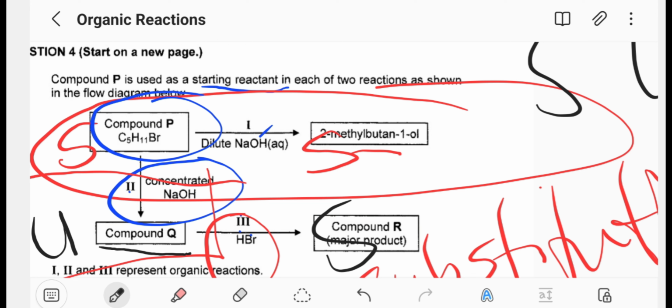Compound R, you don't know whether compound R is saturated or not. So there is some theoretical knowledge that you must possess, and the next session will be about exactly that. We will find out how we found compound Q, how we found compound R, what compound Q is, what compound R is, and obviously check the examination guidelines.